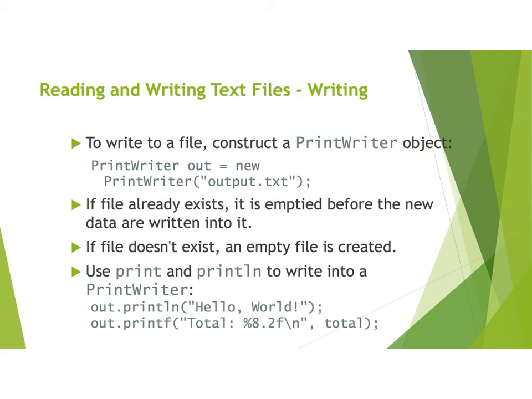And then we have a backslash n, which shows the new line. So printf in this example prints out "total =", then the float value of the total variable, and then a new line.